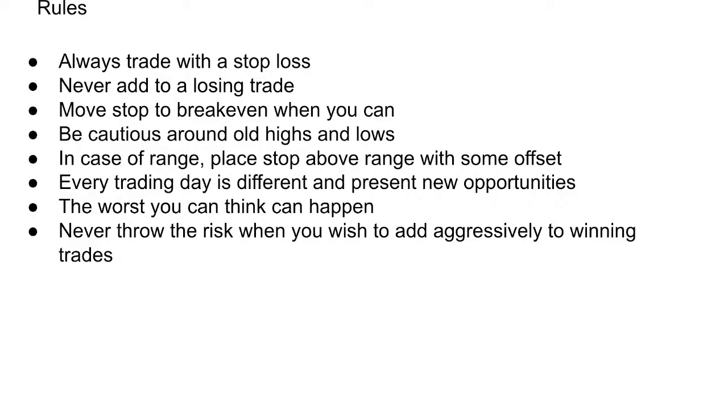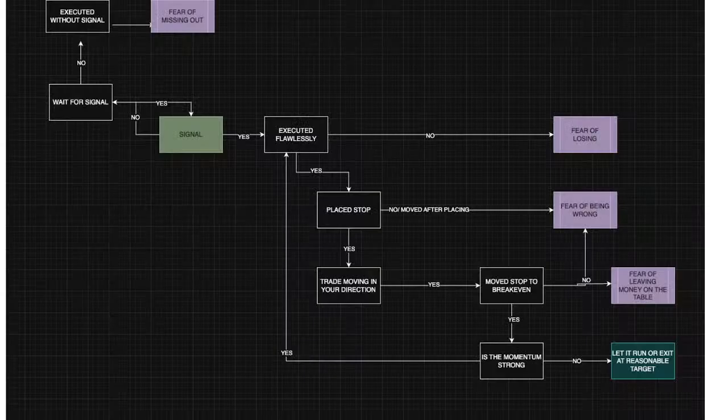So the worst you can think of is possible to happen. So control your risk, because it is something that is in your control. And when you are adding to your winners, always make sure that you are not throwing the risk away. These are some of the hard rules that I follow, and this is the framework that I follow. You can take a screenshot, or maybe you can make your own.